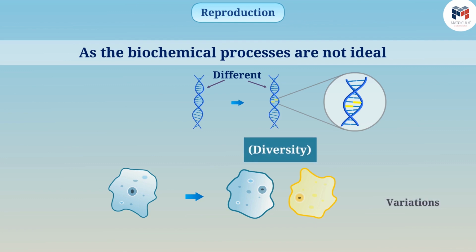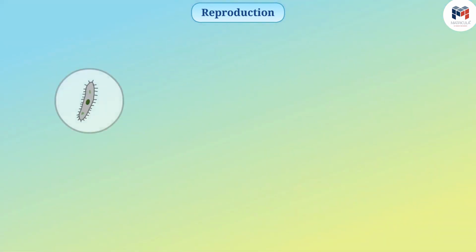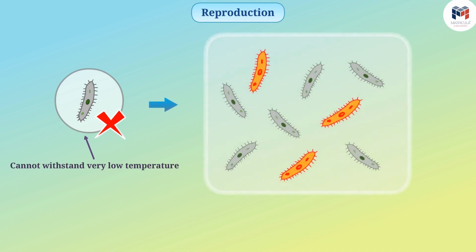Often, some variations are helpful for the protection of the species. Let's understand this with an example. Suppose there is a bacteria which cannot withstand very low temperature. During reproduction, it produces some bacteria which can tolerate very low temperature.